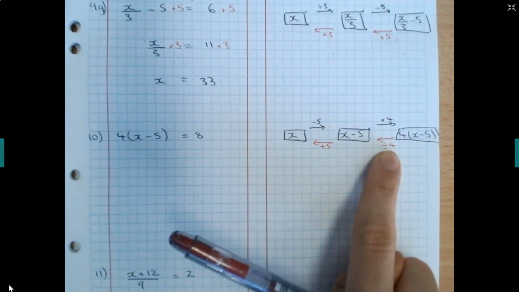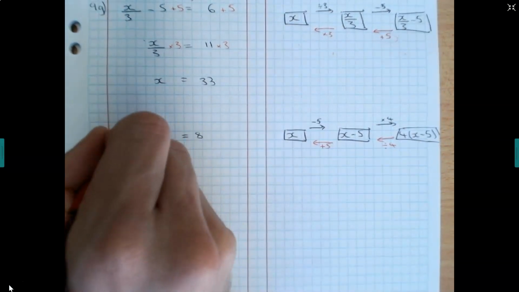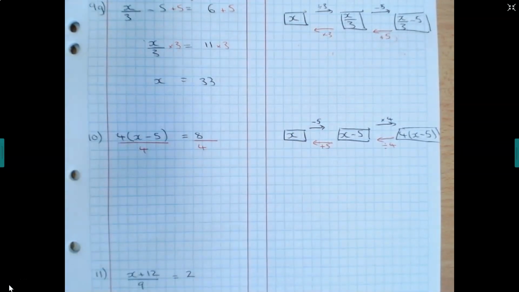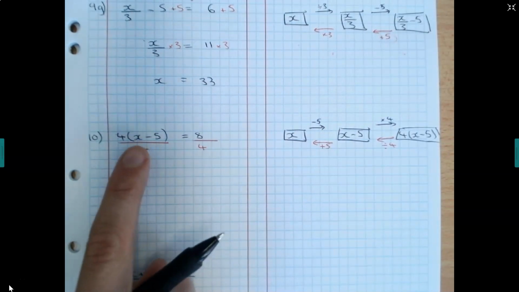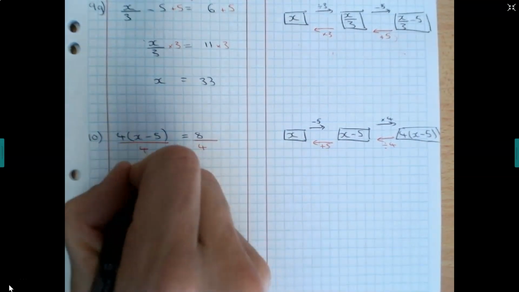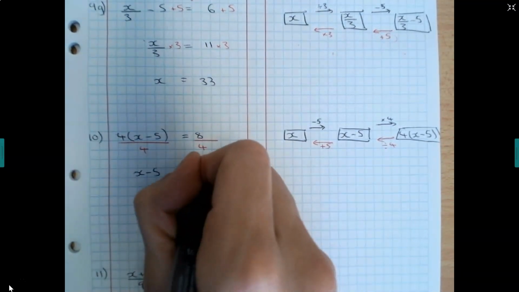So the first thing I need to do to both sides of the equation is divide by 4. And we can see that we're just going to be left with, because 4 divided by 4 is just 1, all that's left on the left-hand side. Good. x minus 5 is equal to 2.